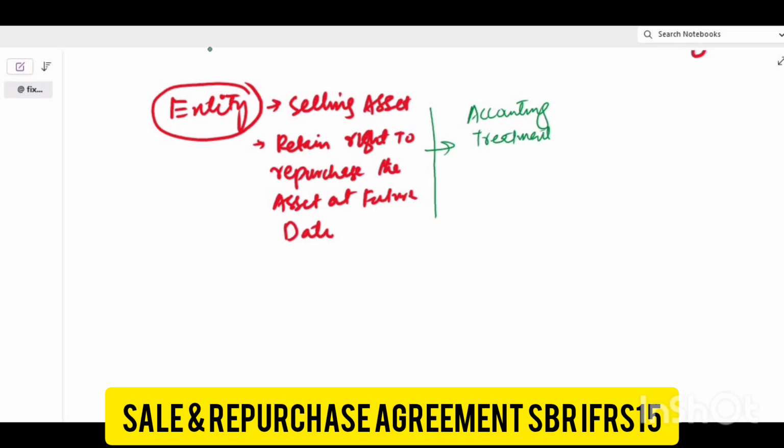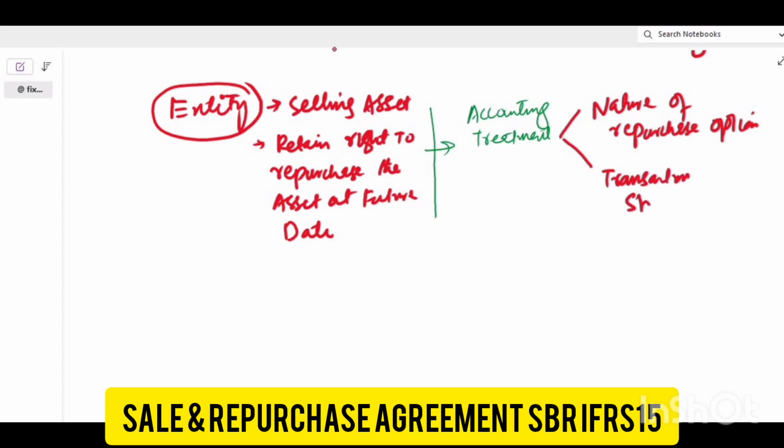The accounting treatment basically depends on the nature of the repurchase option, and the second thing is the transaction structure.